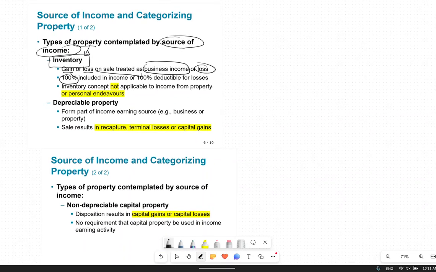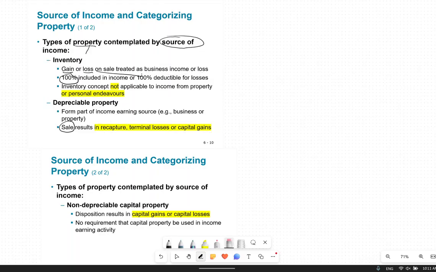Now the other one is when we think of a depreciable property. If you're depreciating your property, at the time you sell it you are going to have a recapture, or you could have a terminal loss, or you could have a capital gain. You can have all three.